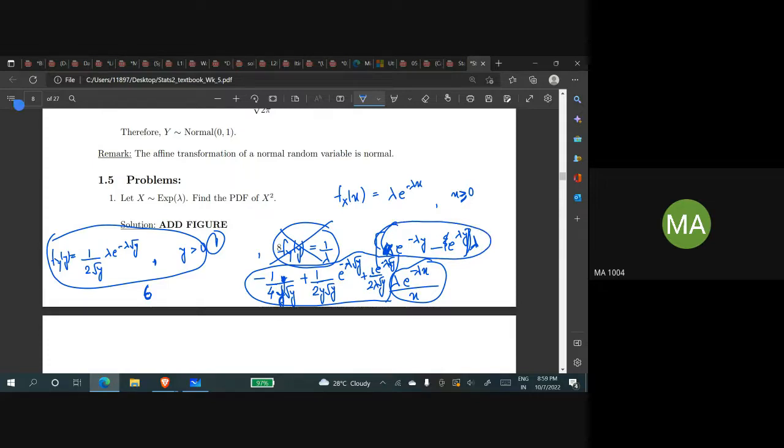Nobody? Only one? Okay, this is definitely not correct because this is in terms of x. I had asked for Fy of y. This is wrong. This again looks very complicated. Let's see which one is the correct answer.